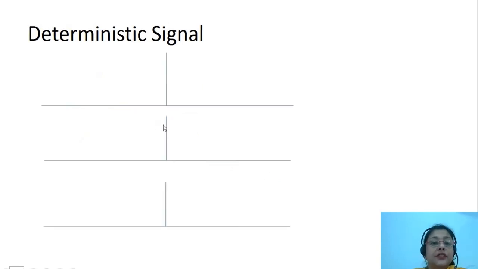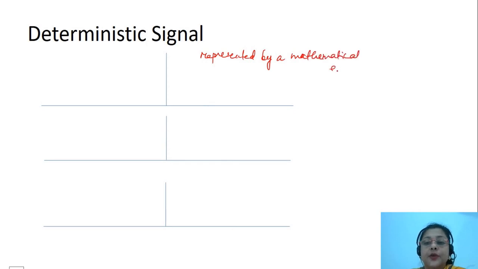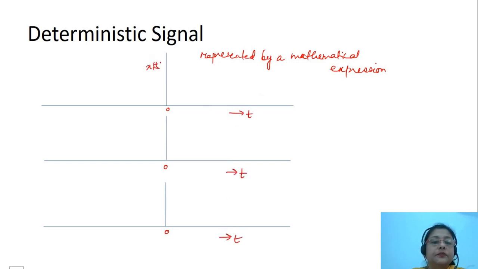Now what is a deterministic signal? A deterministic signal is a signal which can be represented by a mathematical expression. For example, we can draw here 3 examples of deterministic signal: x1(t), x2(t) and x3(t).